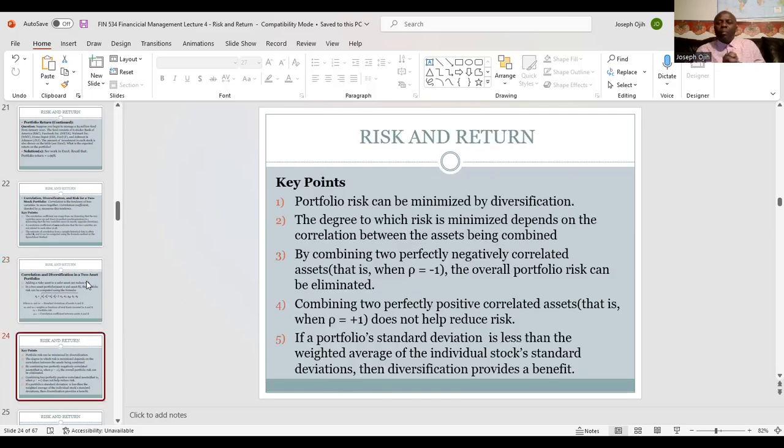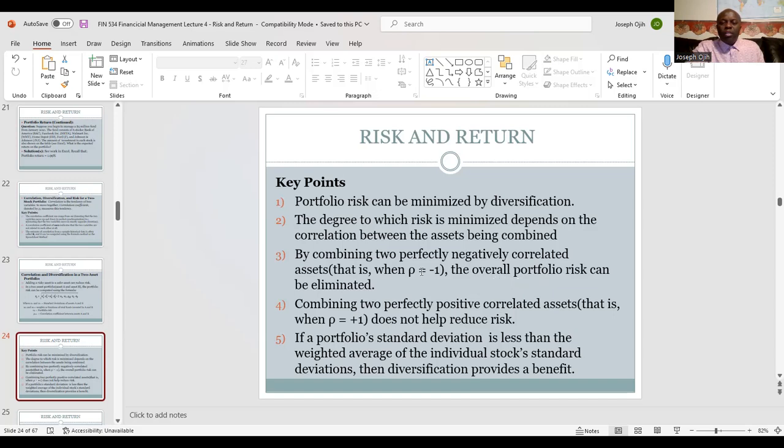Now, portfolio risk can be minimized, I have said it before, by diversification. But the degree to which this risk is minimized depends on the correlation between the assets that are being combined in that portfolio. Now, if you're combining assets that have a negative correlation, then the portfolio risk can be eliminated.